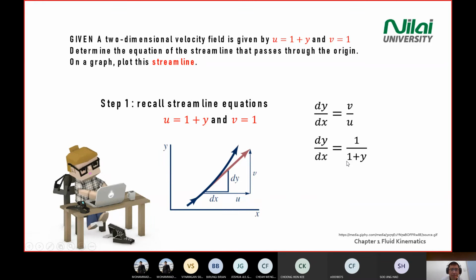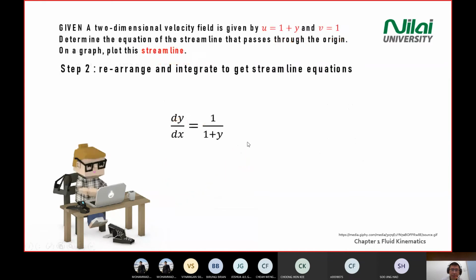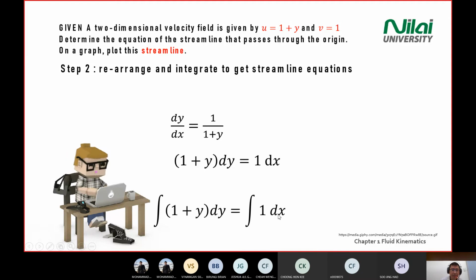To establish the streamline, we always start with dy/dx and then we do integration. To start integration, we rearrange the equation. You put y on one side, x on the other side, dy on one side, dx on the other side, and then put in the integration symbol. In this case, we are not given the boundary condition yet because we are in chapter 1.